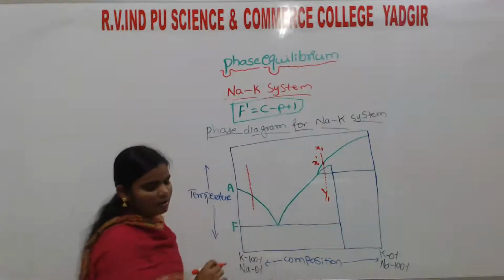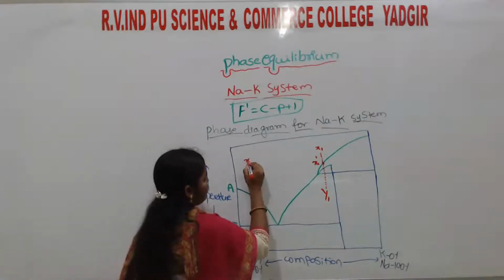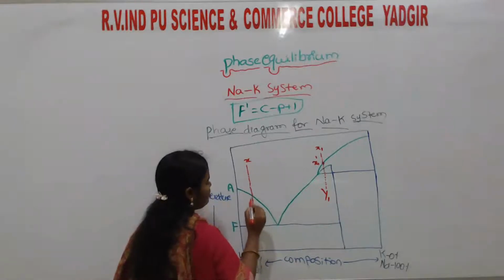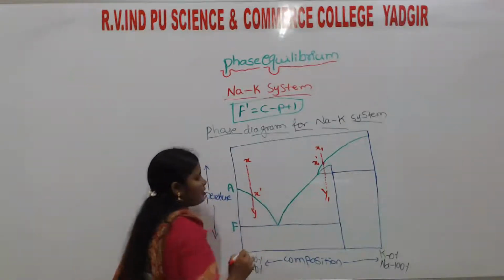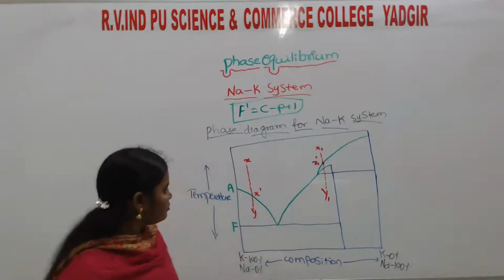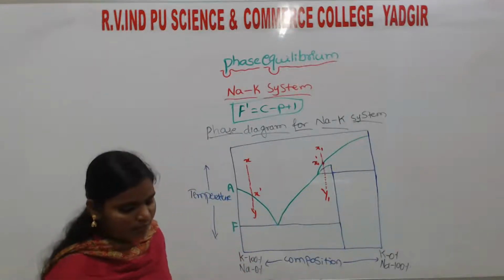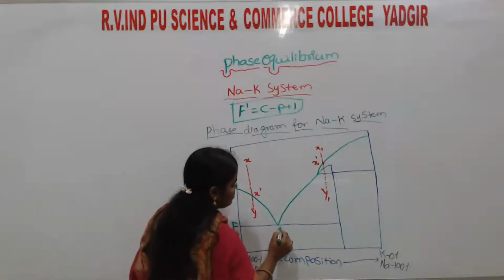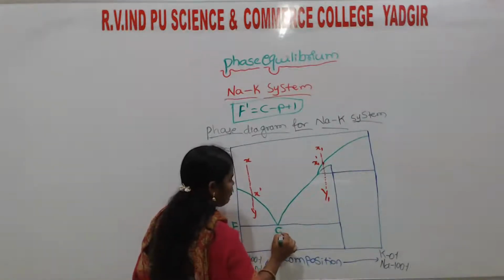Here this is a x point, this is a y, and this is a x dash. This is the point C.